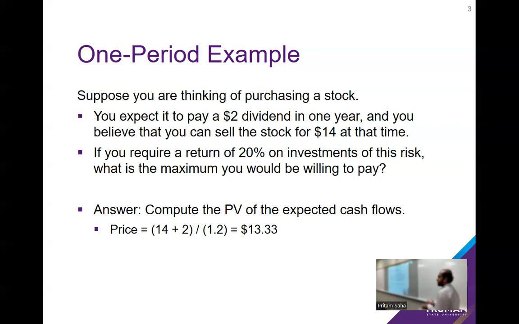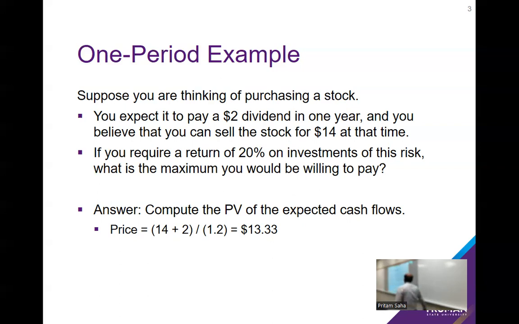This is the information we have. What should be the value of the stock or price of the stock today? So you have to be careful about the definition of valuation: present value of expected cash flow. That means what we are concerned about is tomorrow, not today. If we get something today, we already received it, right? Value depends on tomorrow.